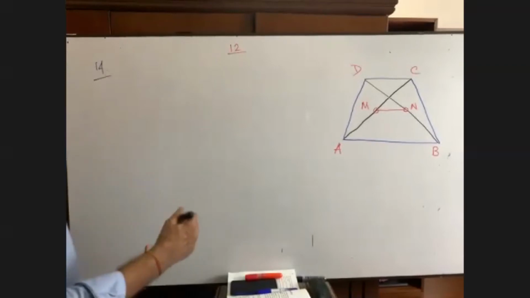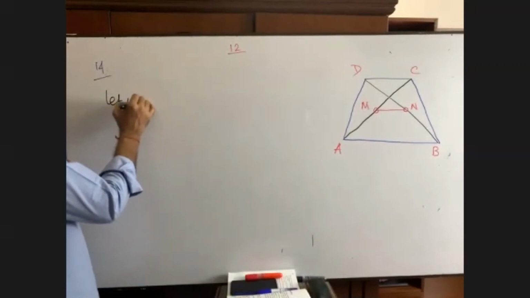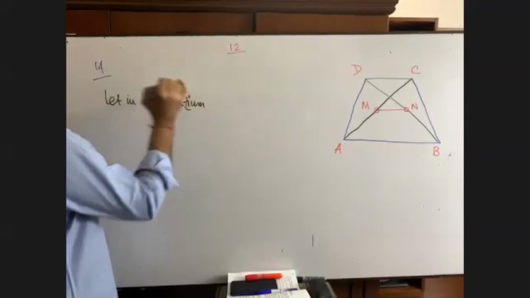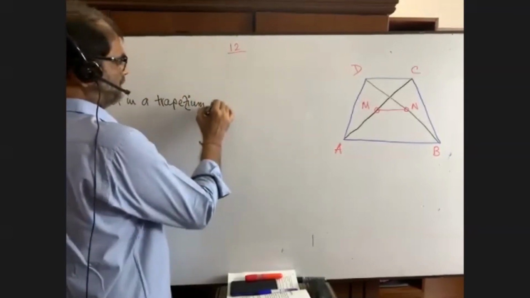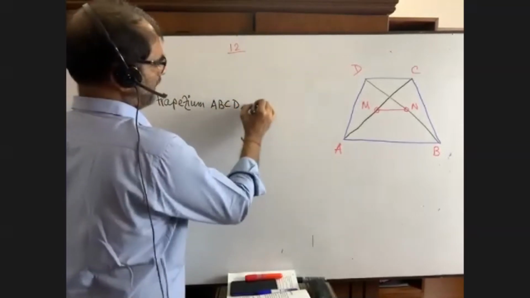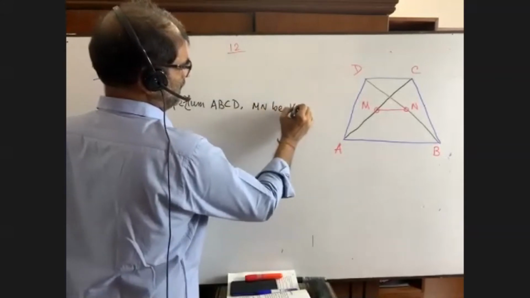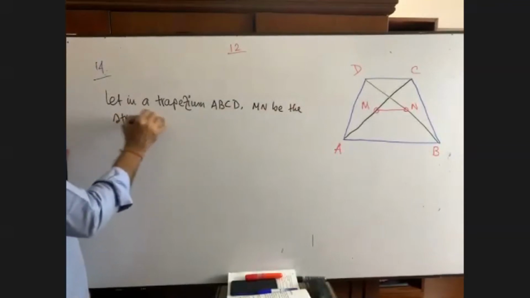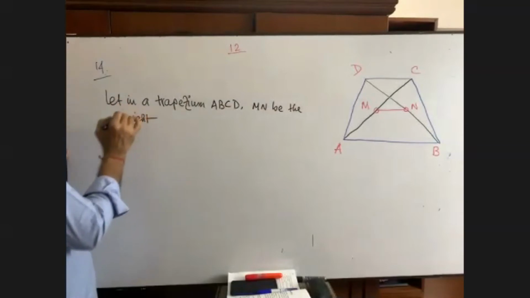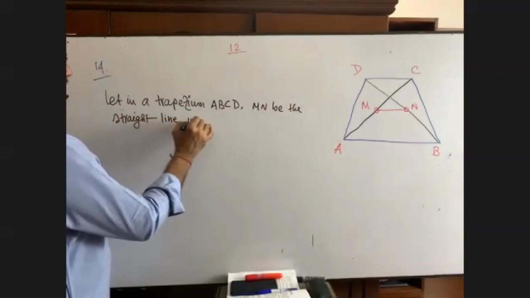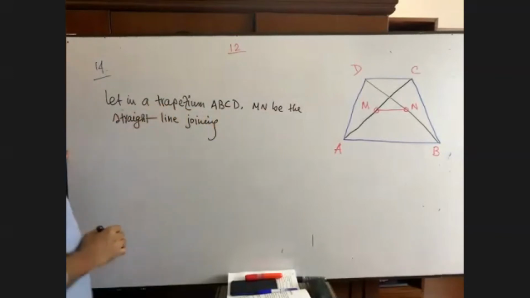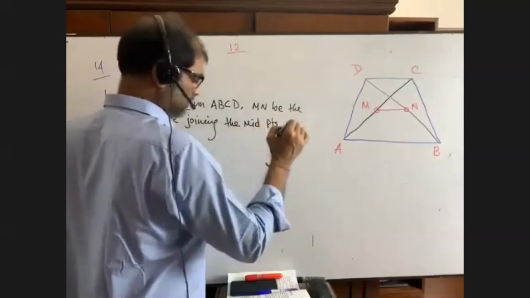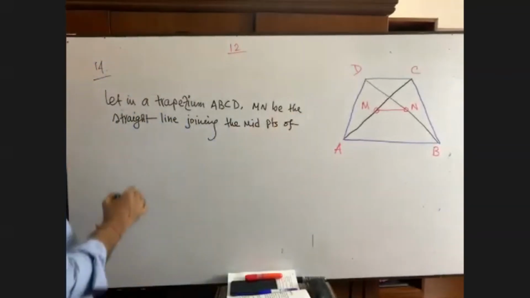Write down, let in a trapezium ABCD, MN be the straight line joining the midpoints of the diagonals.